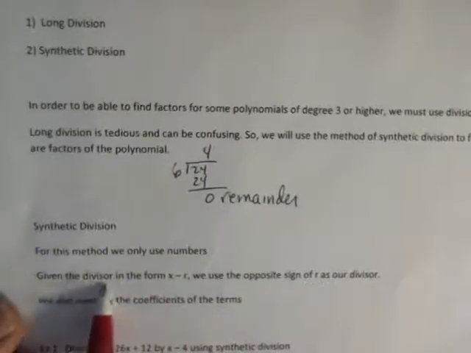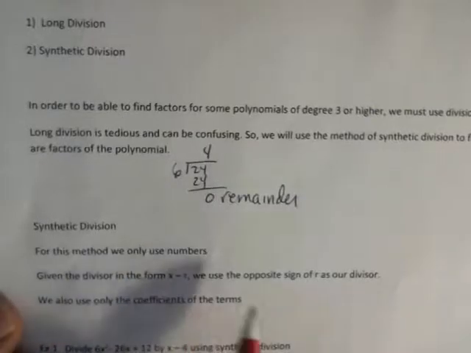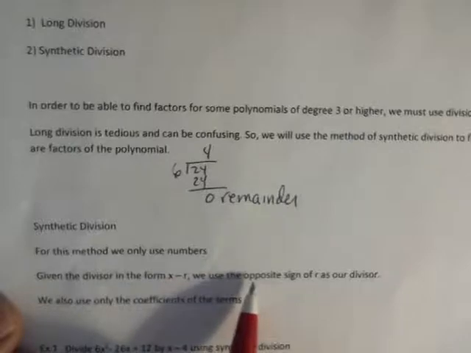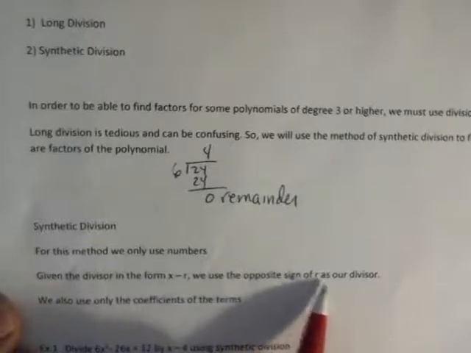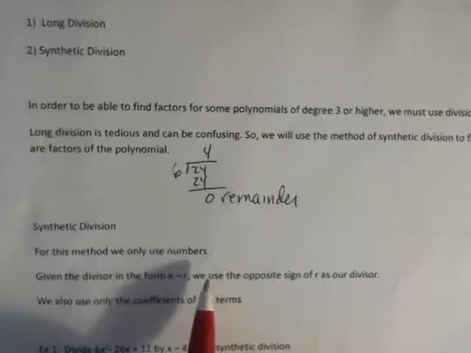And if we're given the divisor in the factored form, we make sure to use the opposite sign of it as our divisor. Just like the 0 is the opposite sign of the factor, that's what we're actually testing. We're testing the 0 itself.